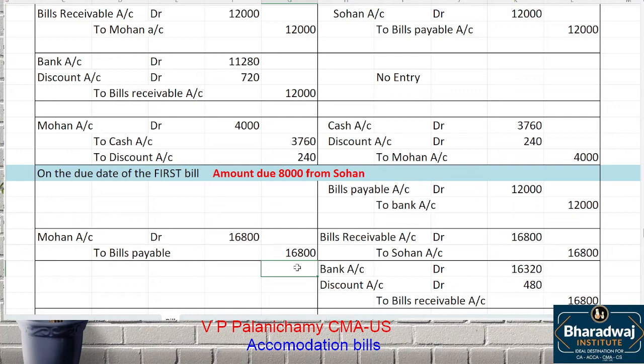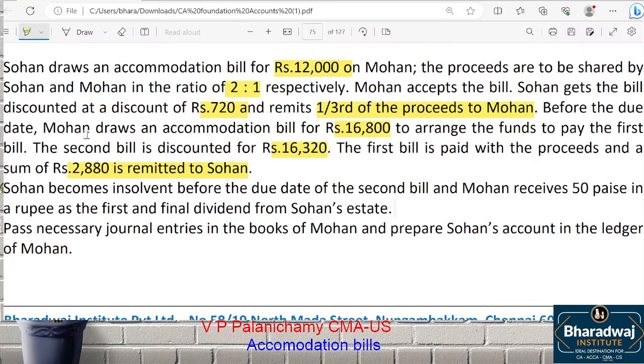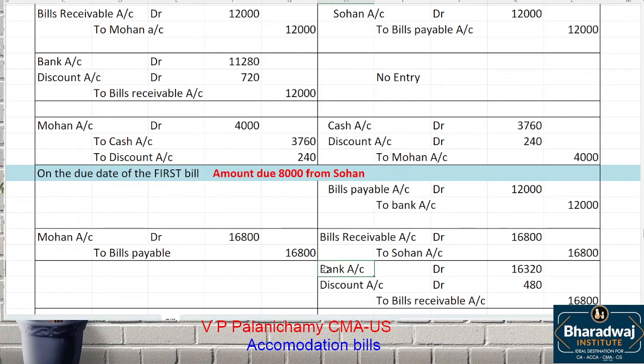Now work out and tell me. After discounting the second bill, how much is remitted to Sohan? 2,880 is remitted to Sohan. For that, what is the discount to be borne?